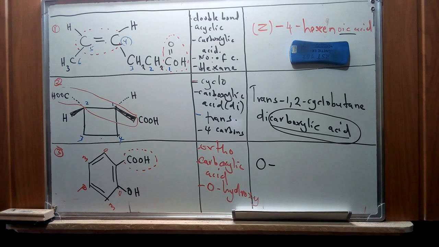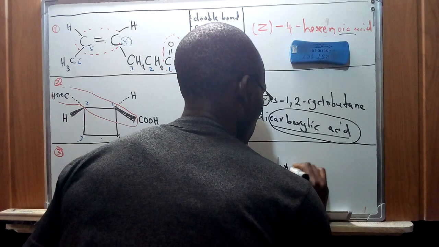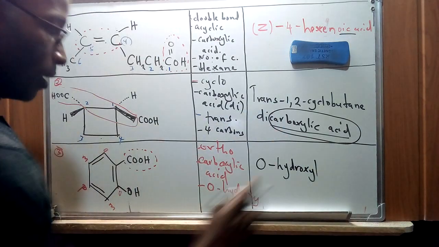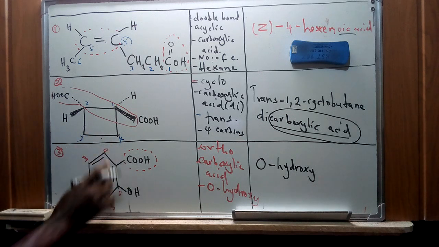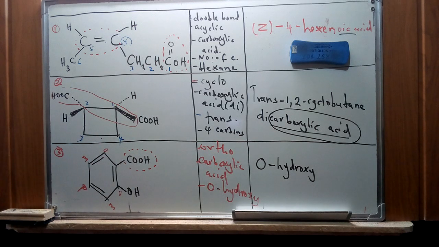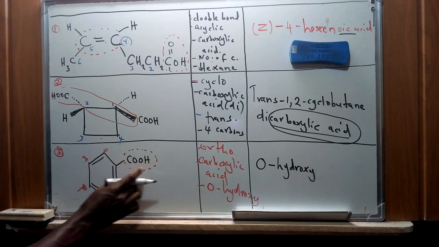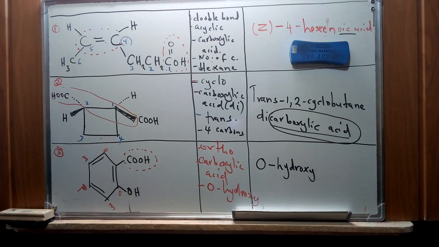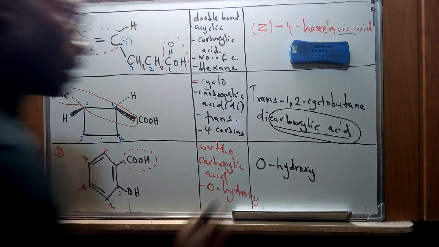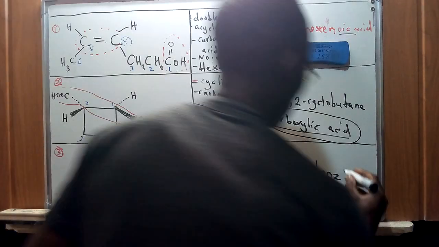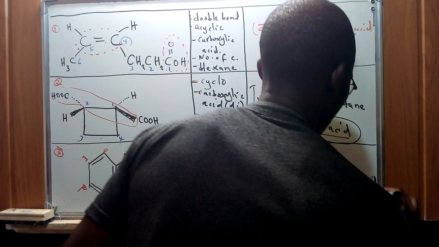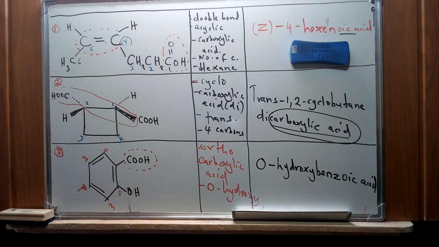So ortho hydroxy is a hydroxy group, and this is a derivative of a carboxylic acid, of course a carboxylic acid that contains the benzene ring. So we name it benz-. Since we have considered all of this, it's going to be benzoic acid. Therefore, our molecule is known as ortho-hydroxybenzoic acid.